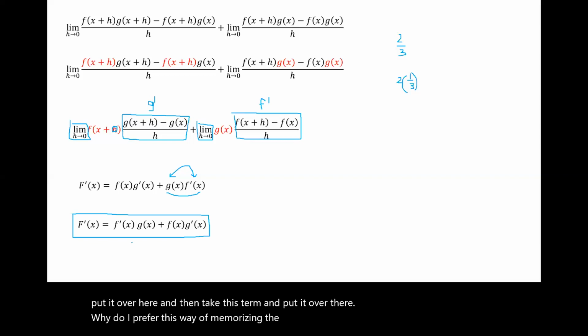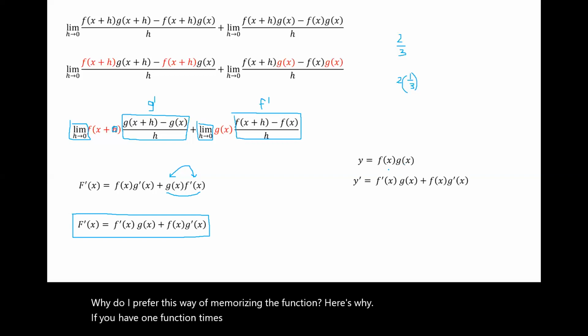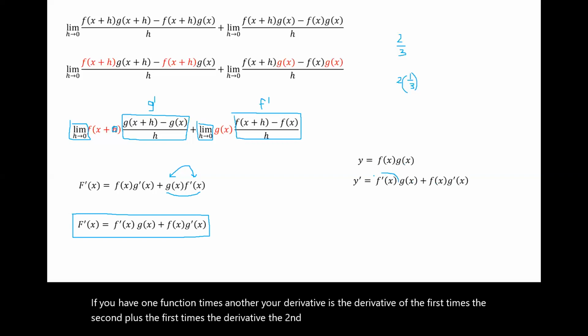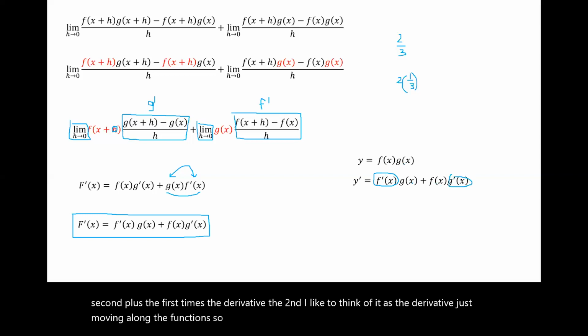Here's why. If you have one function times another, your derivative is the derivative of the first times the second plus the first times the derivative of the second. I like to think of it as the derivative just moving along the functions. So the derivative of the first one, everyone else, derivative of the second one, everyone else.